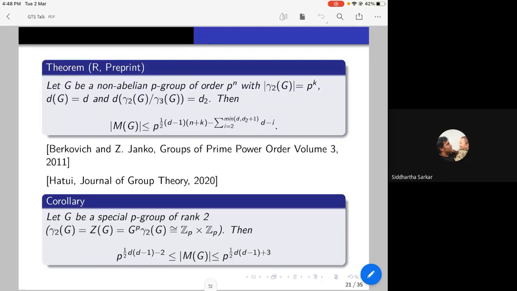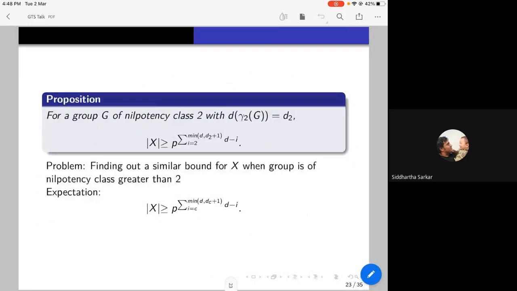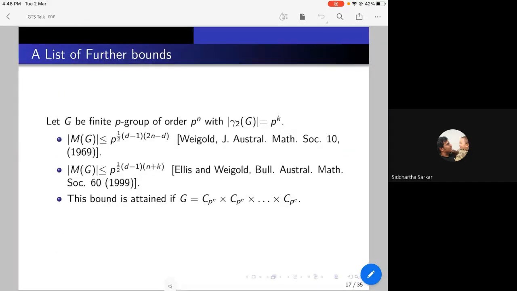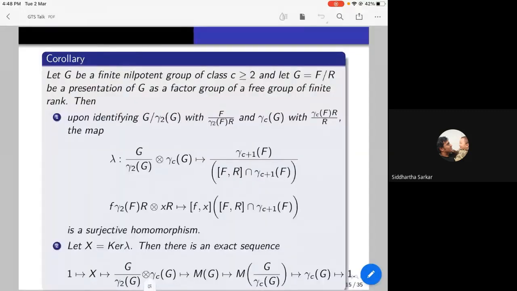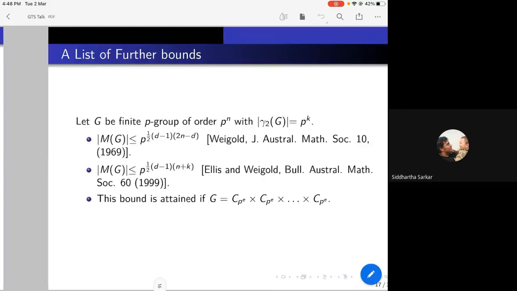The proof is given by concentrating on the term X I mentioned, the kernel of lambda, which appears here in the exact sequence and here in the denominator.